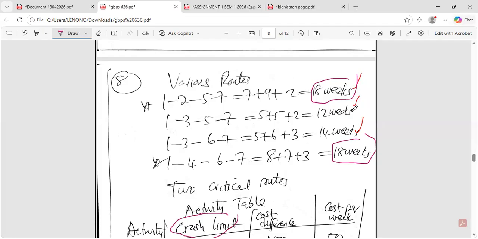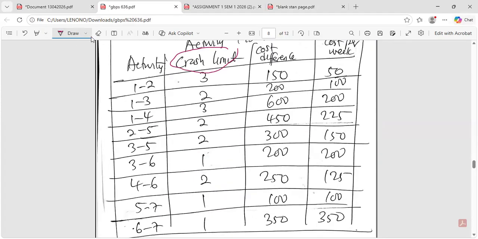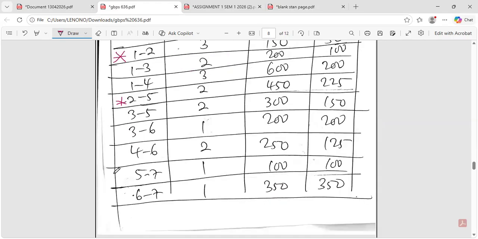So when you come here, the critical routes are 1 to 2, 2 to 5, and 5 to 7.